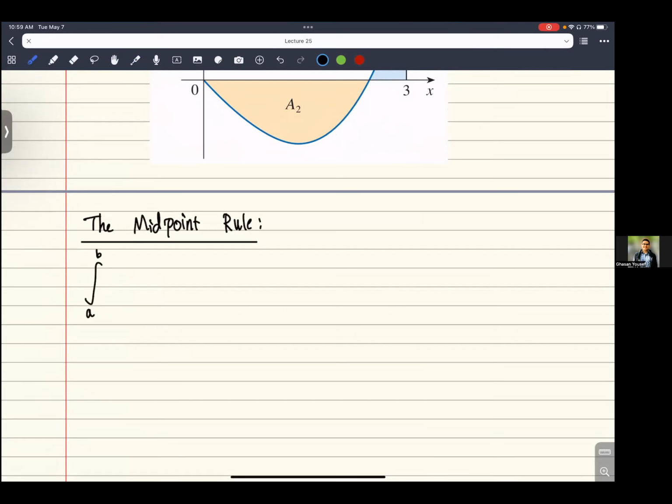The integral from a to b of f of x is approximated by the sum for i equal 1 to n of f of xi bar times delta x. This bar means the midpoint. Again, this is the same as delta x times f of x1 bar plus f of x2 bar plus dot dot dot plus f of xn bar.